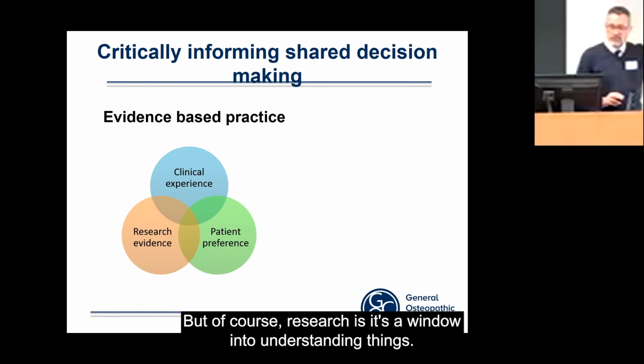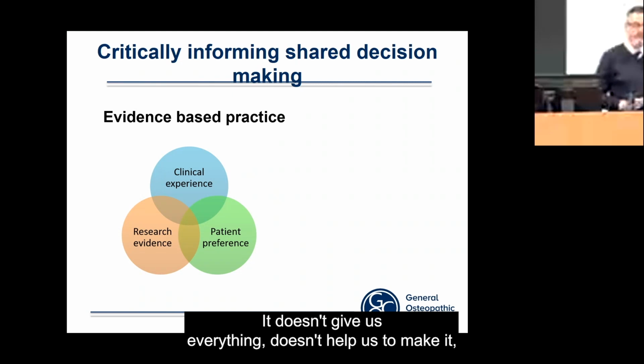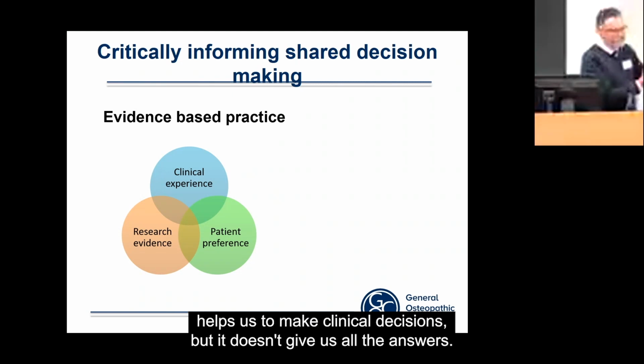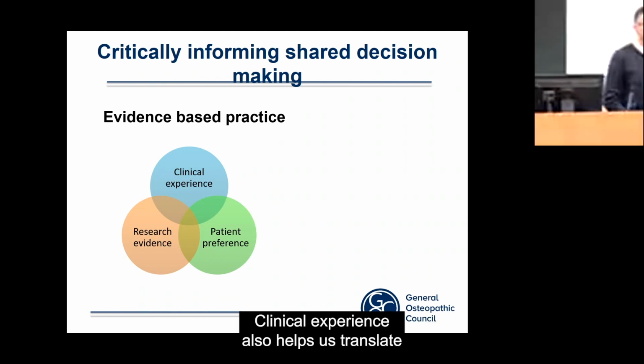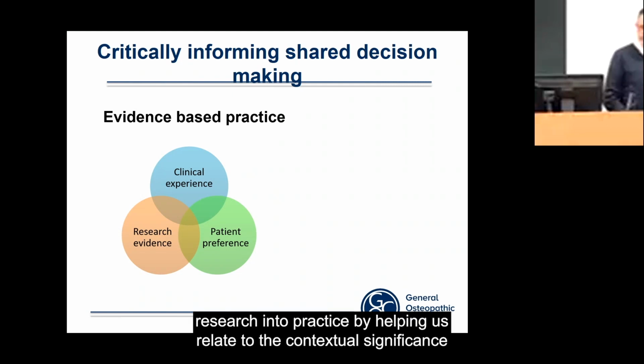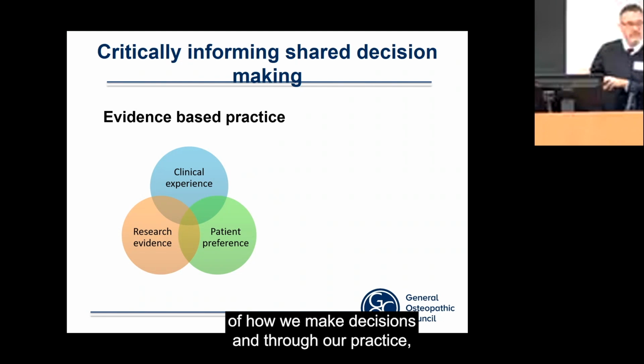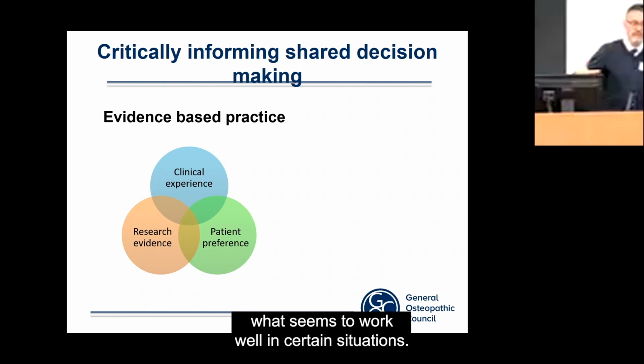But of course, research is a window into understanding things. It doesn't give us everything. It helps us to make clinical decisions, but it doesn't give us all the answers. Clinical experience also helps us translate research into practice by helping us relate to the contextual significance of how we make decisions, and through our practice, what seems to work well in certain situations.